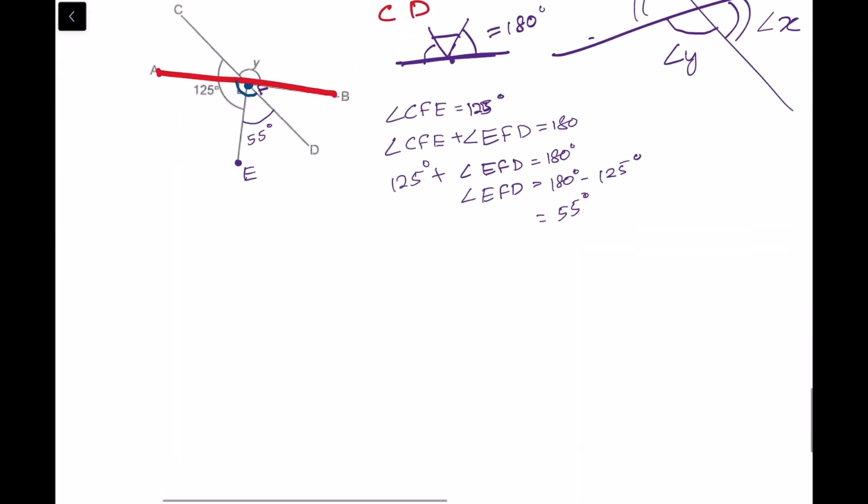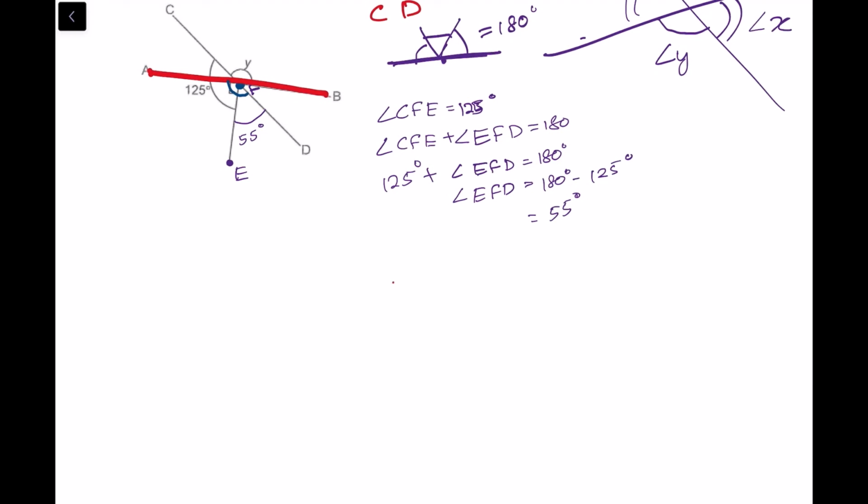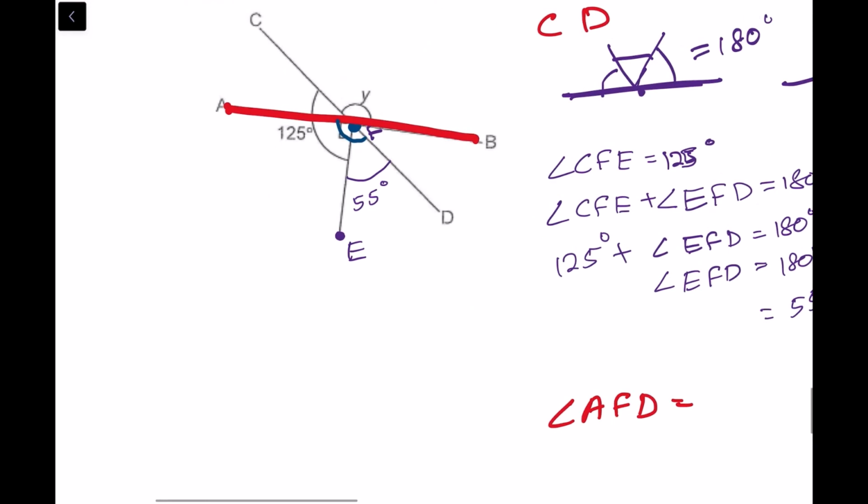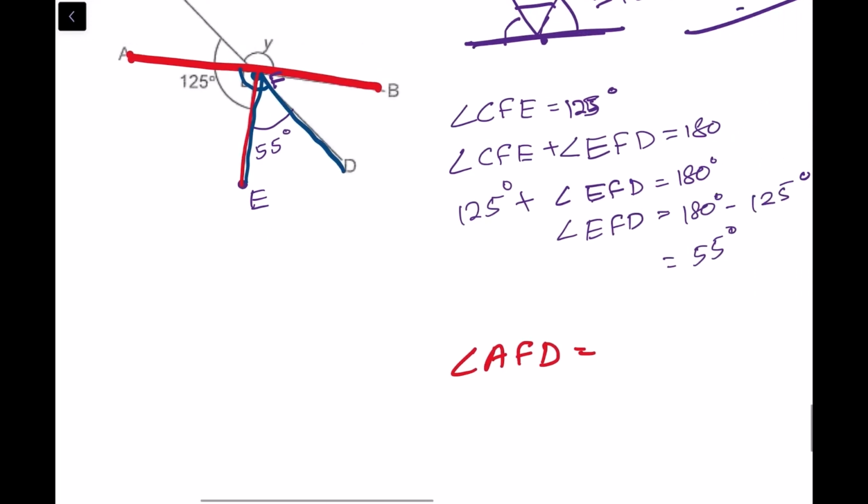Now, what is angle AFD? Angle AFD, if you observe closely, it's just a sum of angle AFE, this angle, plus angle EFD. Correct? This angle over here plus this angle over here.